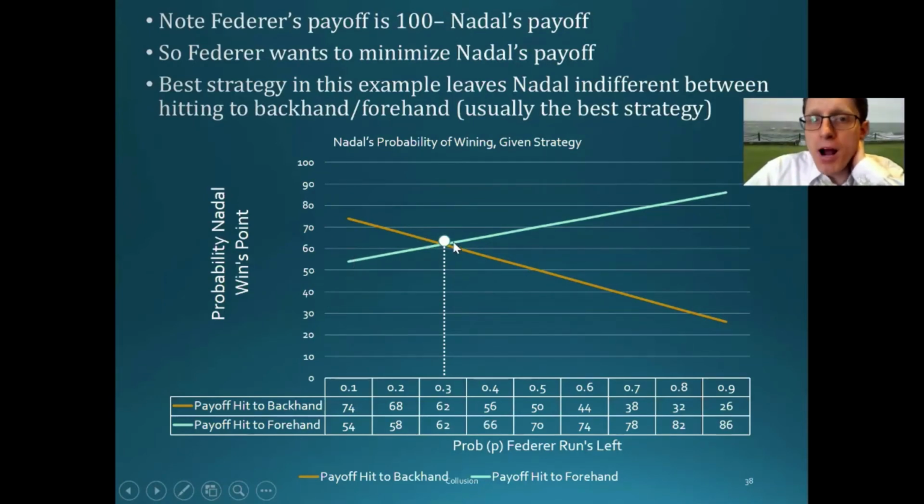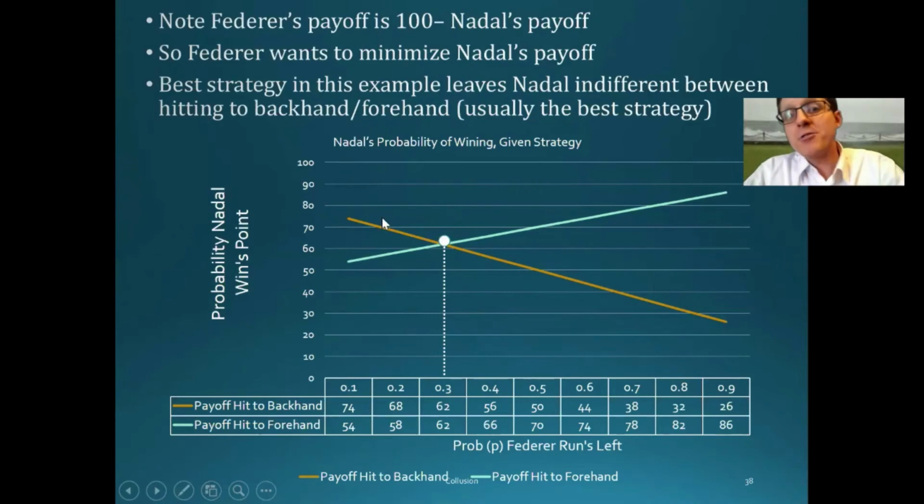For any higher probability that Federer runs to his left, we can see that Nadal's payout is higher if he hits to Federer's forehand side than it would be if he were to hit to Federer's backhand side.